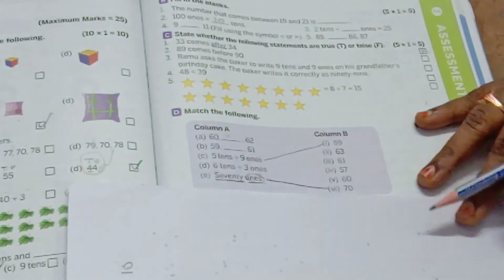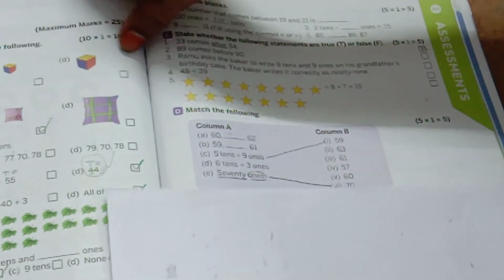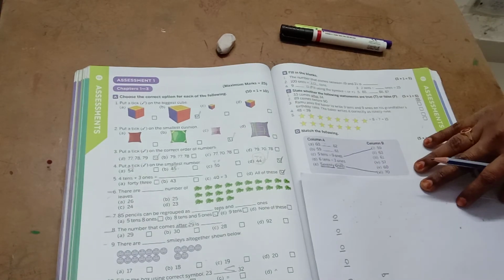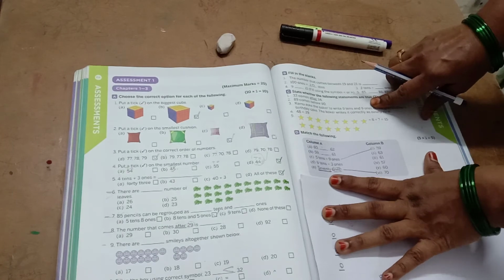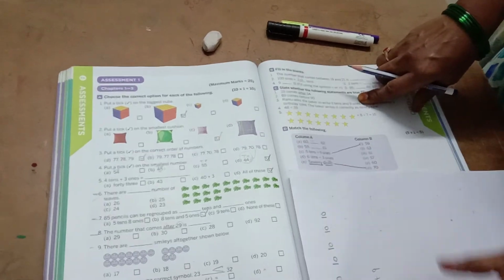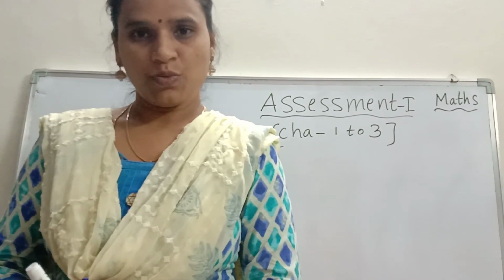Okay, children. So, this is total assessment 1, chapter 1 to 3. Do you understand, children? These bits you can do. After that, you send to me. Okay, children? Children, do you understand about assessment 1?